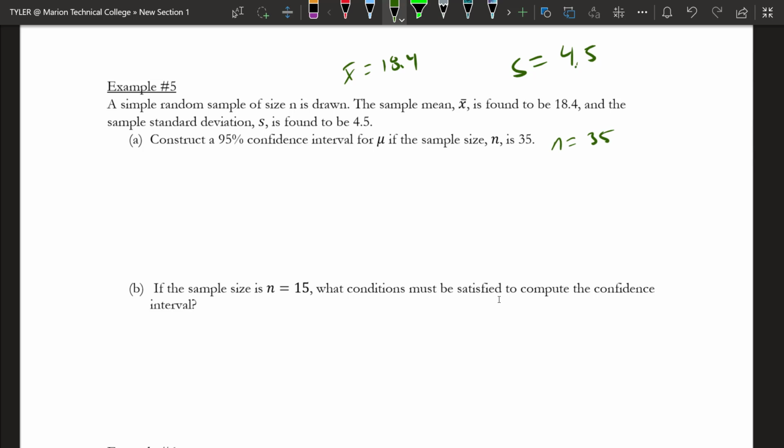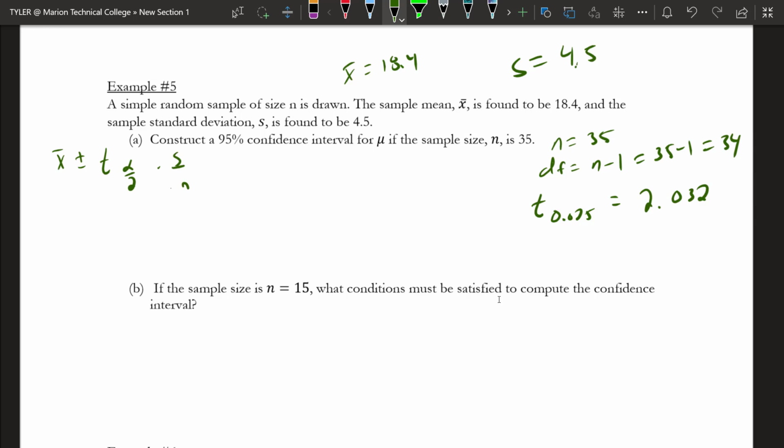Degrees of freedom would be n minus 1, which is 35 minus 1, which is 34. So for 95%, I'm looking for t sub 0.025. Using StatCrunch, you can find this to be 2.032. And then for the confidence interval, we're going to take x bar plus or minus t alpha divided by 2 times s divided by square root of n.